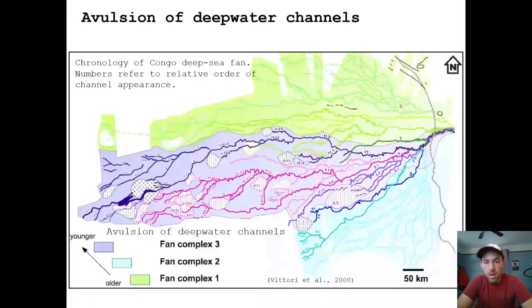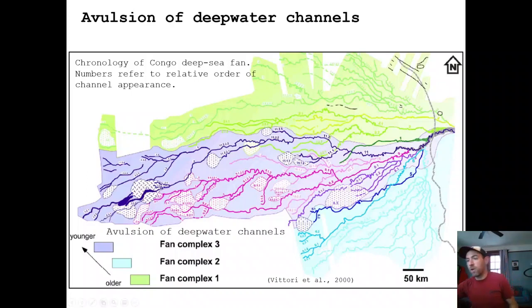Okay. Much like fluvial networks, just as we said, they can super elevate and they can also avulse, right? And so you get avulsions that lead to lobe switching, just like you would on a delta or in a fluvial system, right? And that's a very common feature of submarine fan complexes.